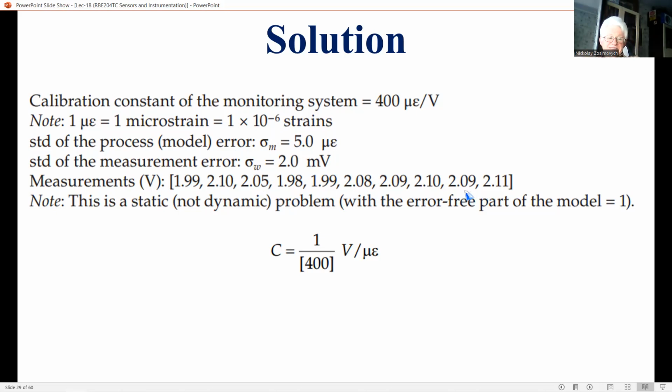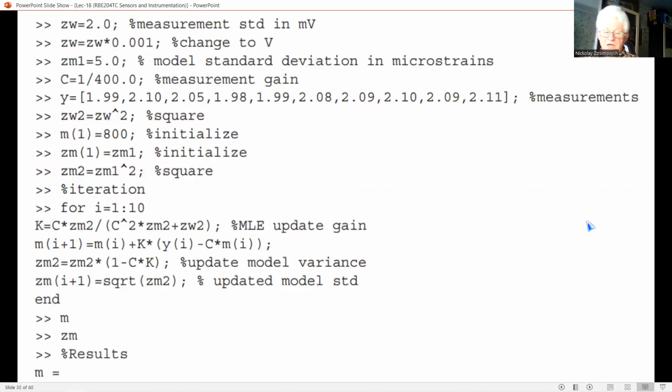So we have a static, not dynamic, model with the error-free part of the model equal to 1. So it's described here. So we have, in the first case, the iteration when M hat equals 800 micro epsilon.